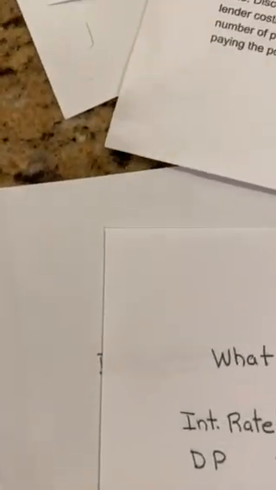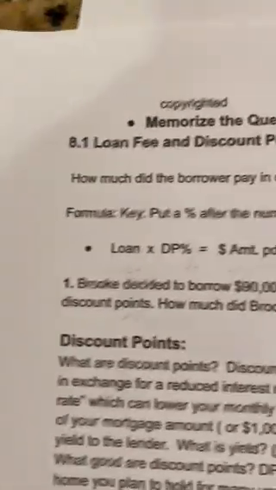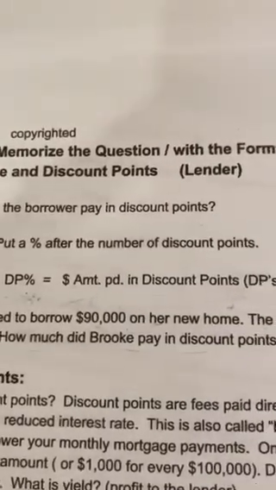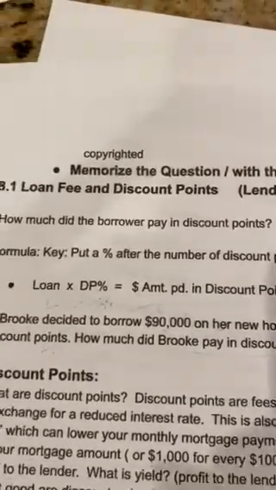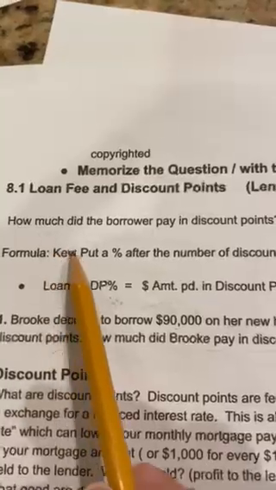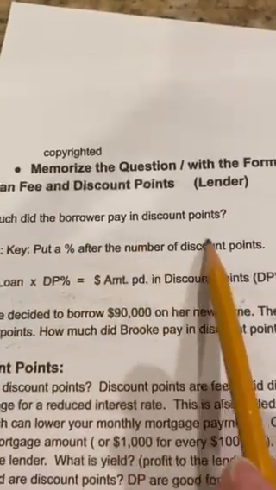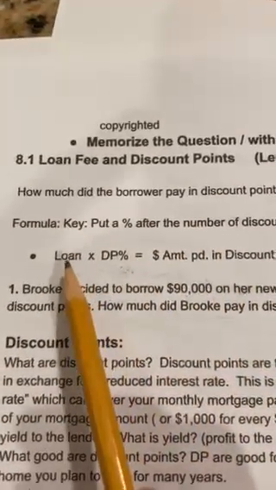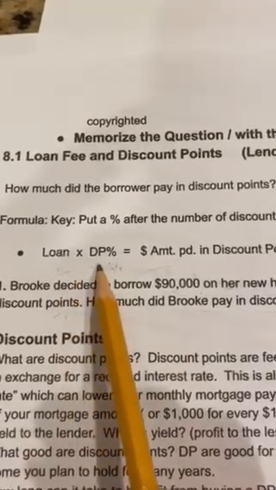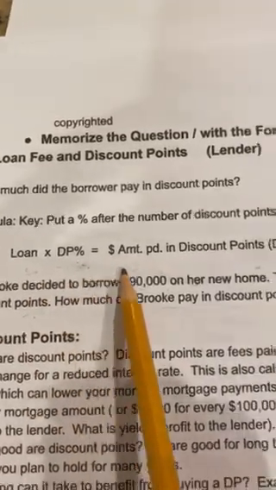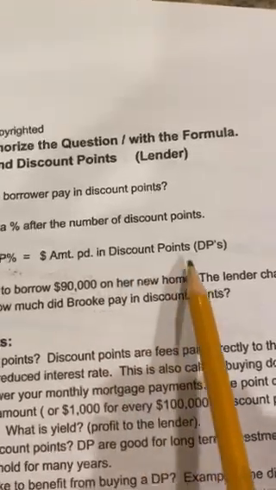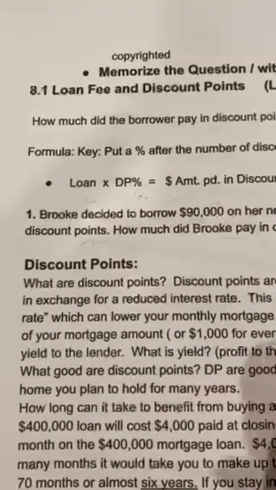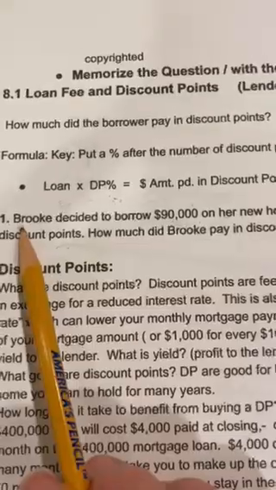Now, the next formula that you need to memorize is for the question, how much did the borrower pay in discount points? Your formula is loan times discount point percent equals amount paid in discount points. Let's do a quick problem.